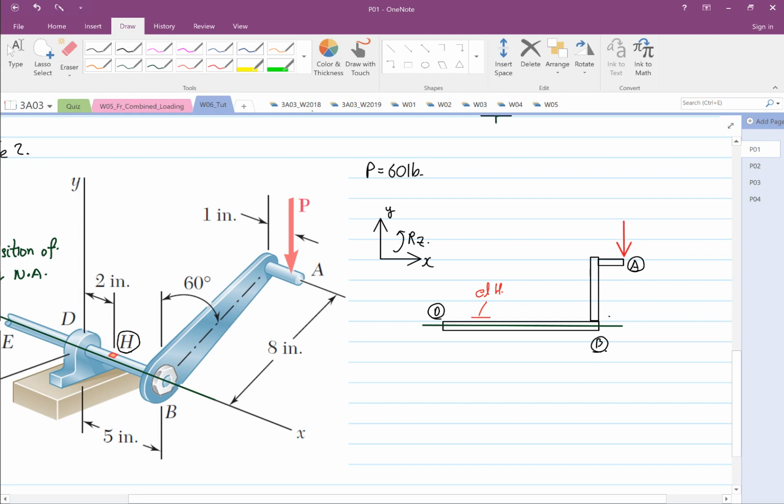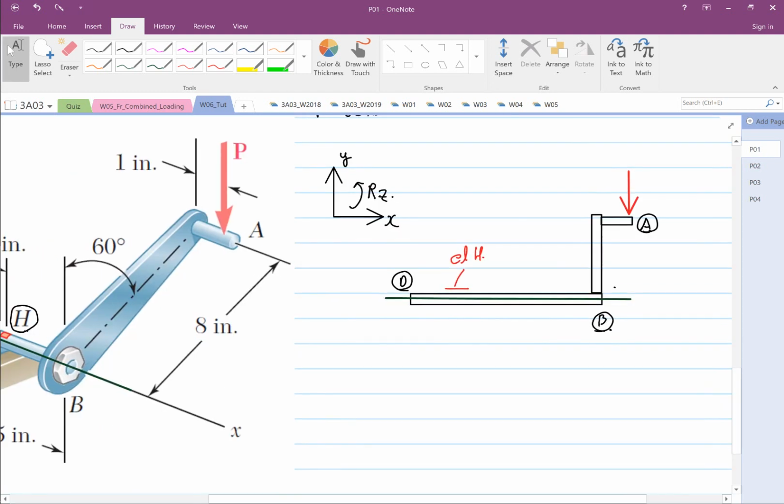So from here, we know that we have V in the Y direction. Vy is equal to 60 pounds coming down.